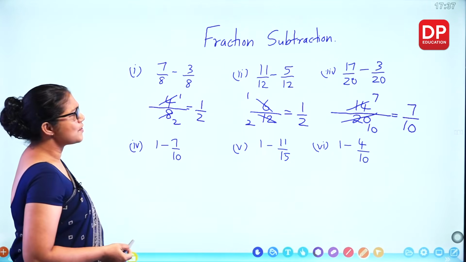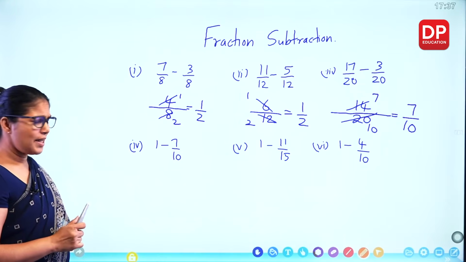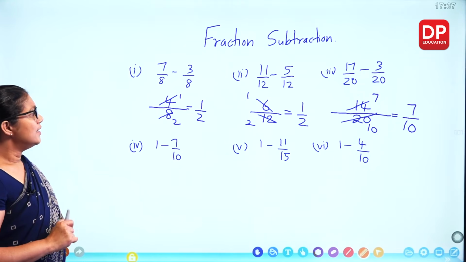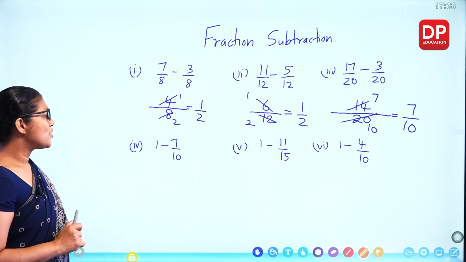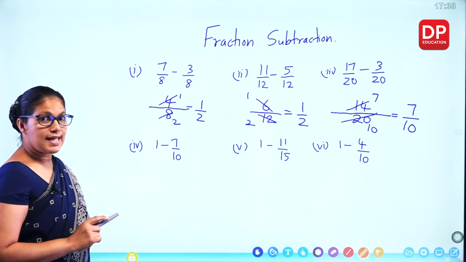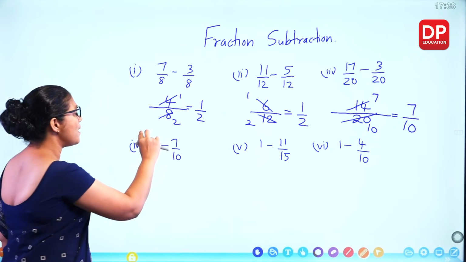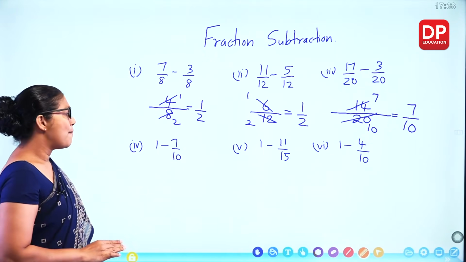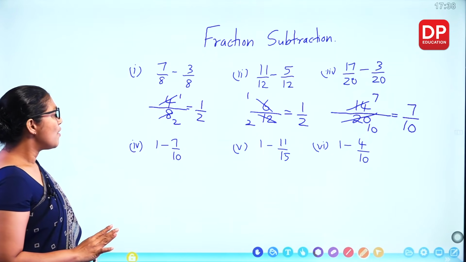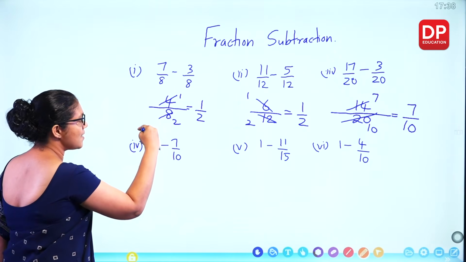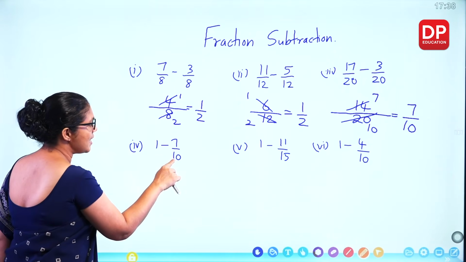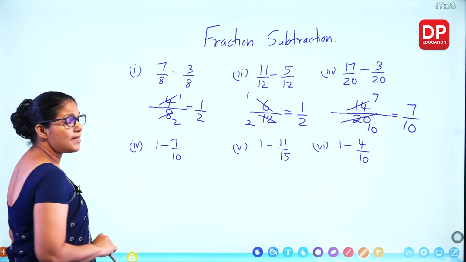Now, what about this one? You get a whole number and a fraction. So what's the easiest way to do this? Earlier I showed how to convert to 1. You can write 1 as any number over the same number in the denominator. You can multiply by 2 or 3. Whatever the number, you get the same answer, denominator and numerator. Now here, look at the question.